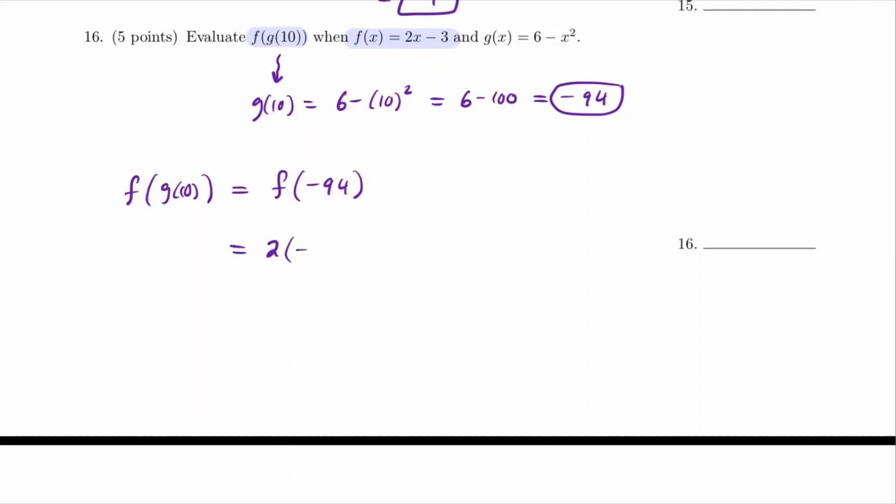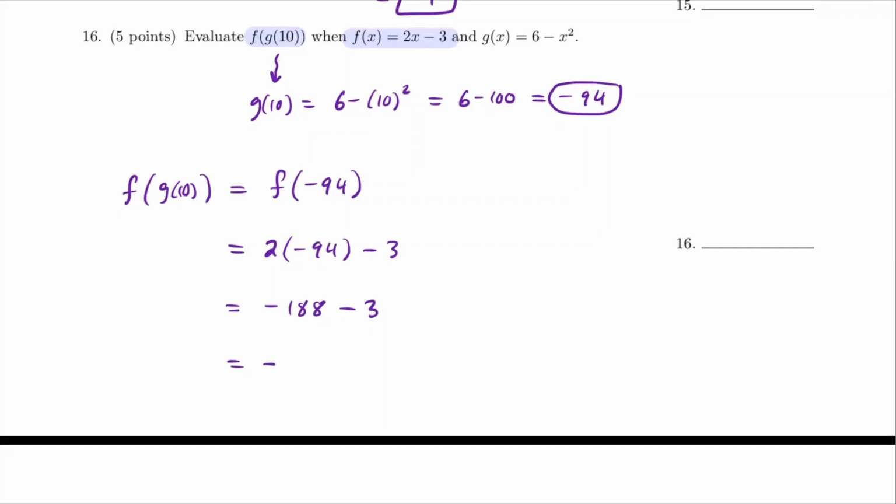So this is 2 times -94 minus 3. Well, 2 times -94, it's going to give us -188 minus 3, and that's going to give us -191. So that will be our evaluation for f of g of 10.